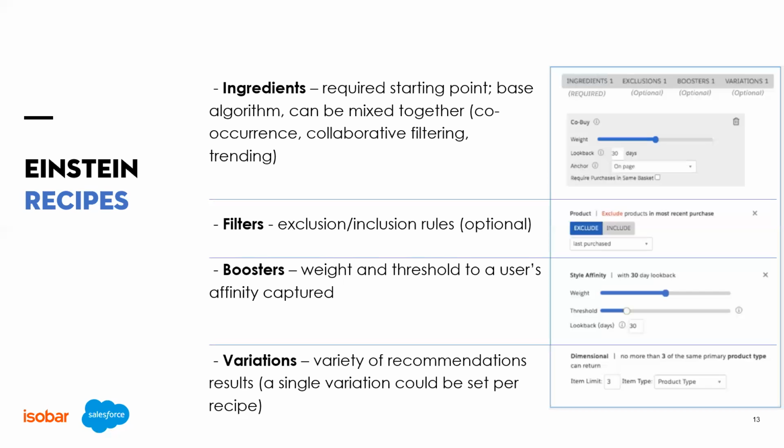With the next component, you can bring in some exclusion and inclusion rules, and this component is called filters. This component is optional, as I said. Sometimes you can see that it's called exclusions, but it could also include some parameters related to your product.